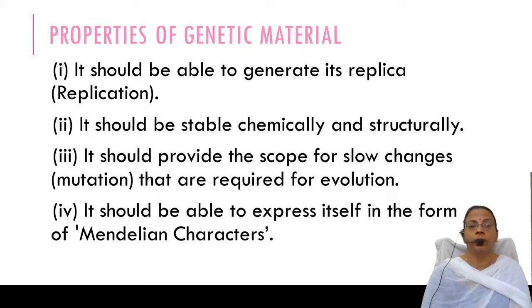The fourth one, it should be able to express itself in the form of Mendelian characters. So what does that mean? When characters are inherited from one organism into another, they should be able to transmit to the other organism. It should inherit the DNA from one organism into another.